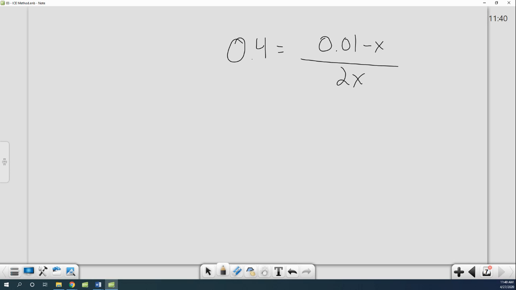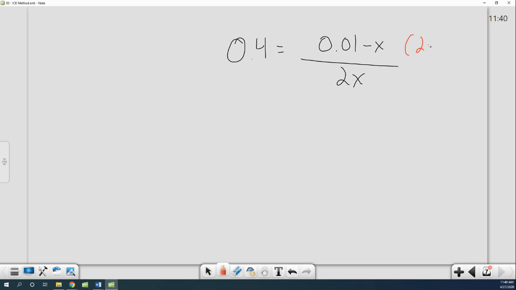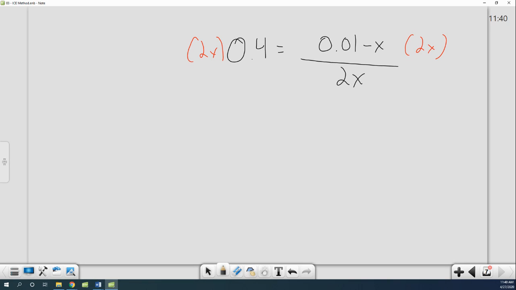Now that is much easier to do. Times both sides by 2x. So I'm left with 0.8x equals 0.01 minus x.